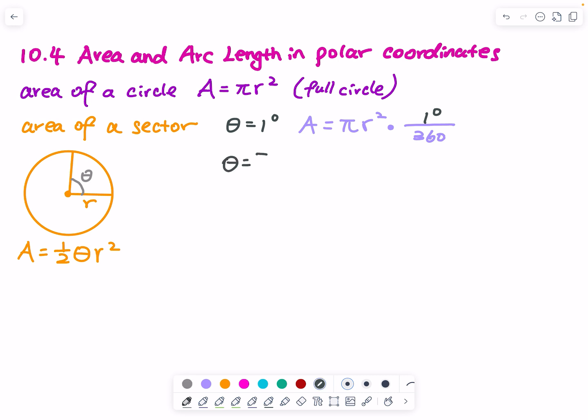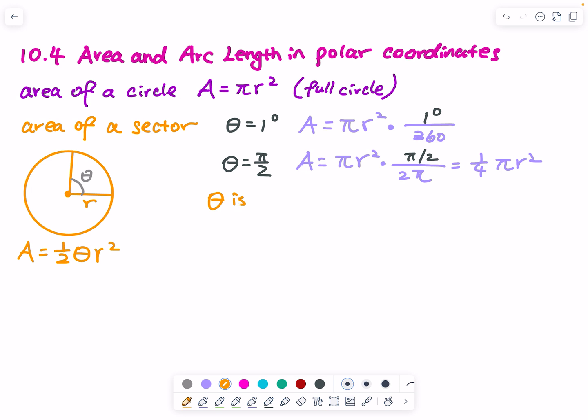And when theta equals pi over 2, in radians, I have A equals pi r squared times pi over 2 divided by 2 pi. The pi's cancel, but we do have another pi, so we have 1/4 pi r squared.